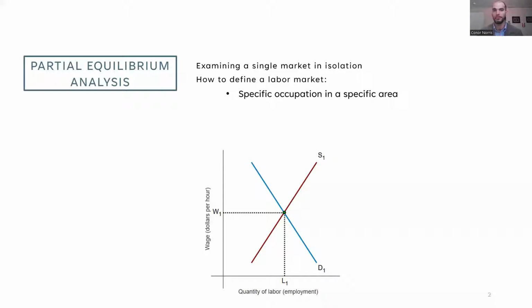So how are we going to define a labor market? In this course, a labor market is going to be for a specific profession in a specific area. Every now and then we may expand it. So instead of just saying the market for, say, physician assistants, it may be all of the healthcare market, but it will be tied to one thing and it'll be one area.